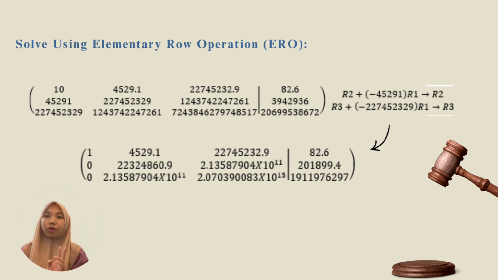We add row 2 with negative 45291 times row 1, and for row 3 we add negative 227452329 times row 1. Then we obtain a leading 1 in the first column, first row, and 0 below the leading 1.